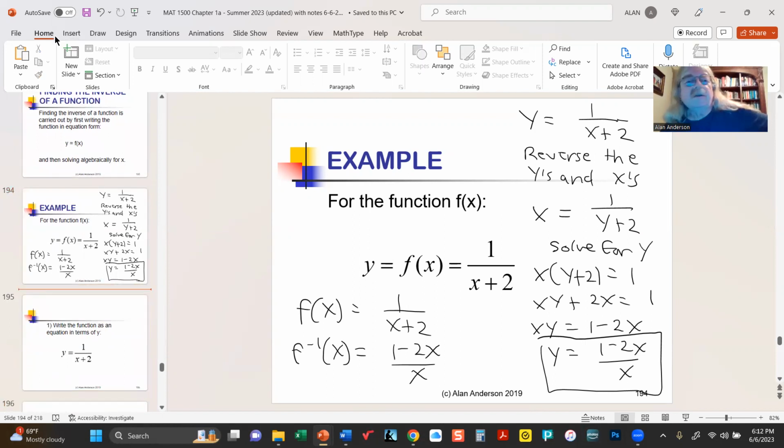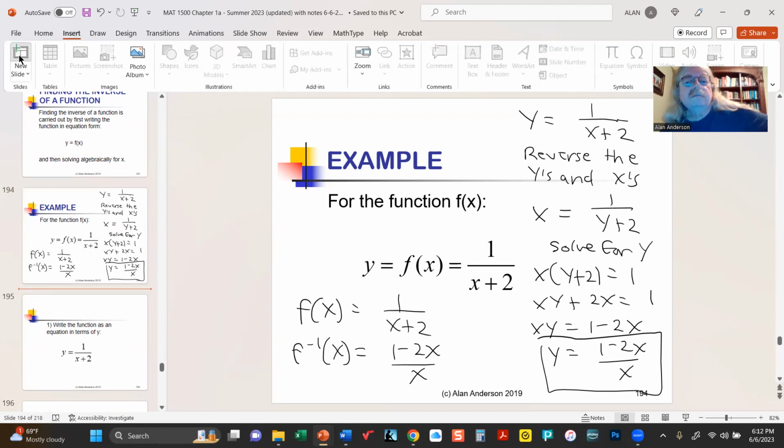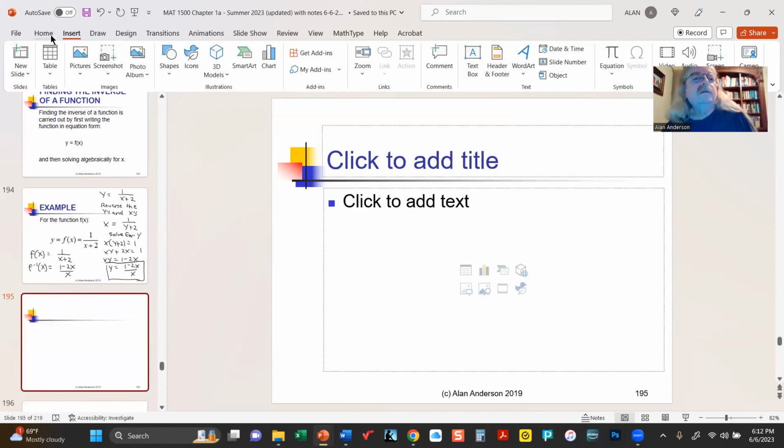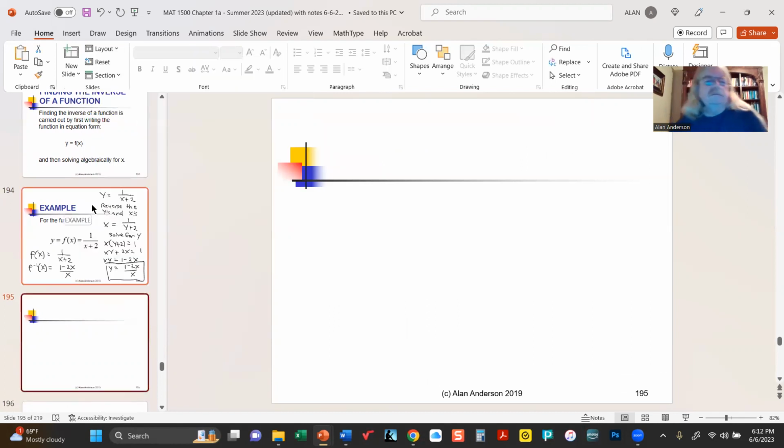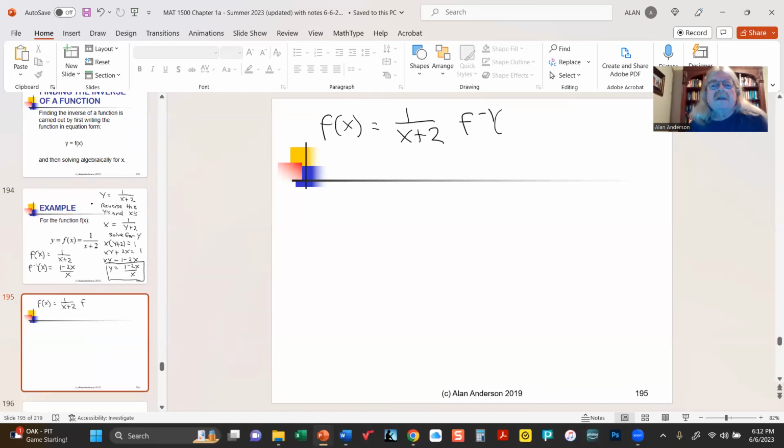Now Symbolab can do this too. So once again, f of x is one over x plus 2. And we claim that the inverse is 1 minus 2x over x. So we have to show two things.